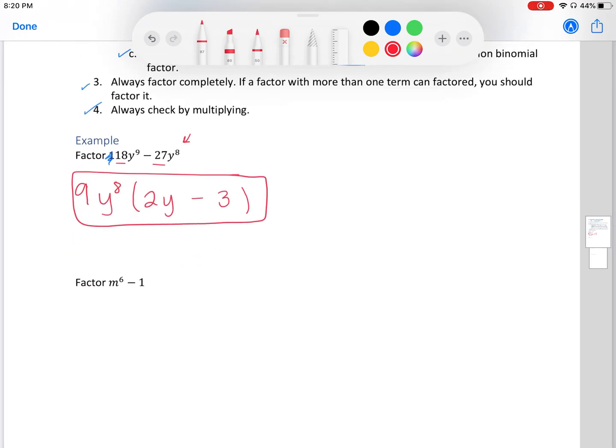Next problem. I have y to the 6th power minus 1. Okay, so you have many options. Which one do you start off with? Whichever one you like, actually. So here I see a minus and two terms. So I'm thinking differences of squares.